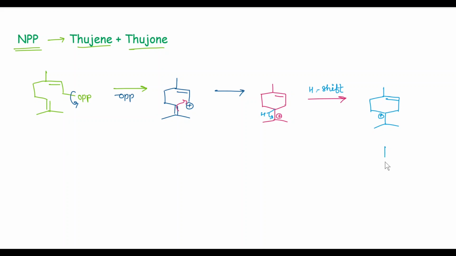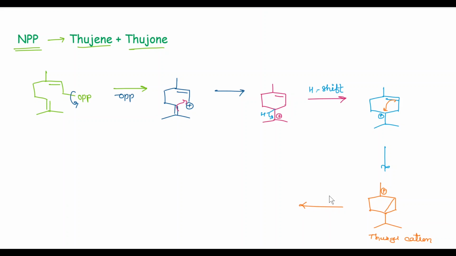In the next step, this pi bond attacks this electron-deficient carbon atom and there is a new formation of a carbon-carbon double bond, a carbon-carbon single bond and this positive charge. This is called the sabinyl cation.